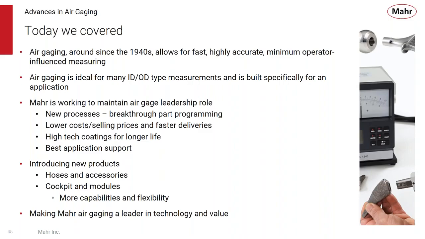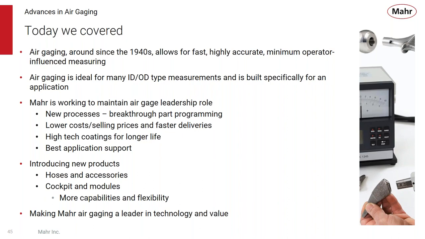Mahr is working to maintain its air gauging leadership role by investing in new processes, such as our breakthrough part programming, with the whole idea of lowering the cost, selling prices, and providing faster deliveries. We have these new high-tech coatings that are environmentally friendly but produce a better product.